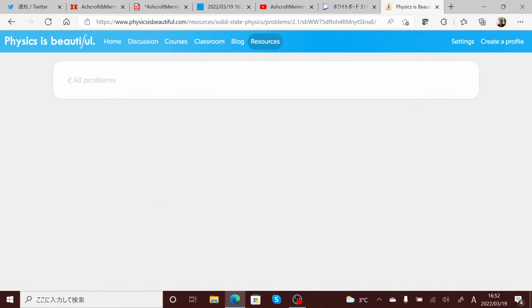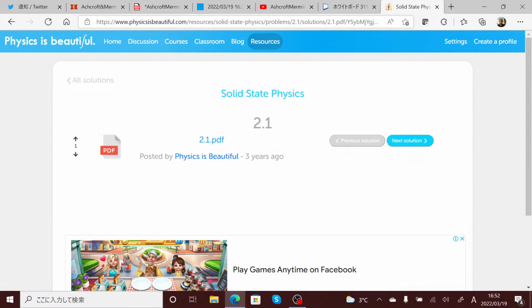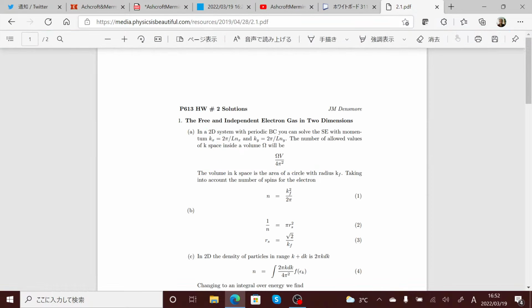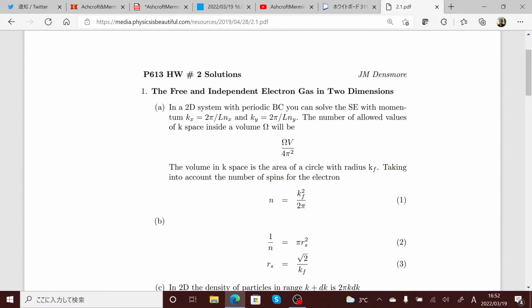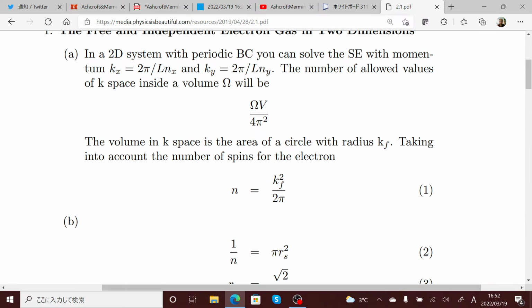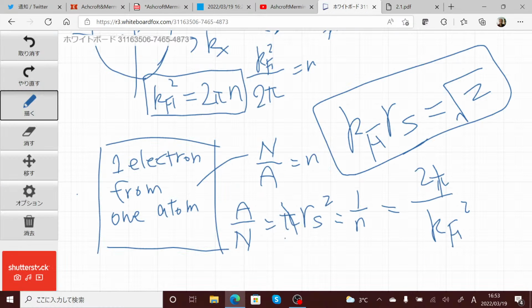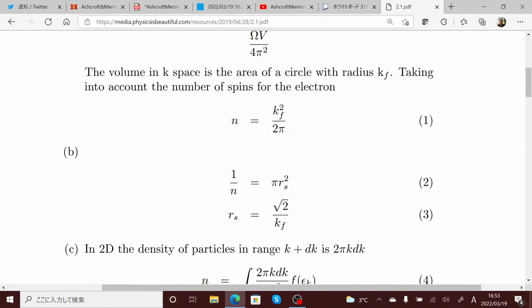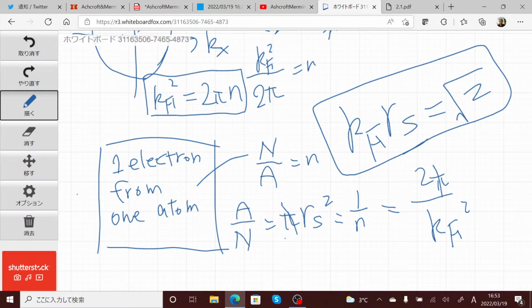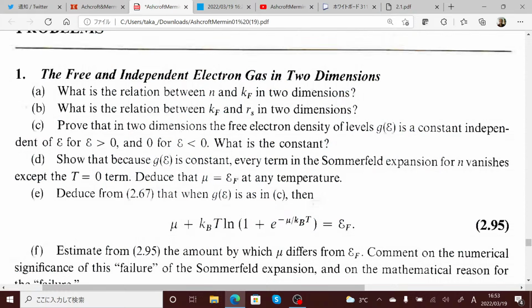Chapter 2. Kf squared is 2 pi n. That's what I did. Kf squared is 2 pi n. Okay, second one. Yeah, this is right. Kf rs equals square root 2.